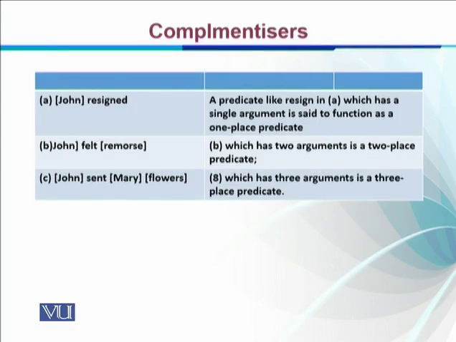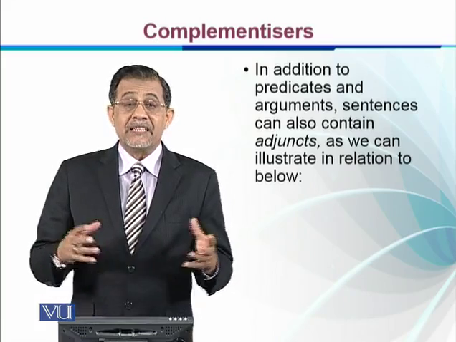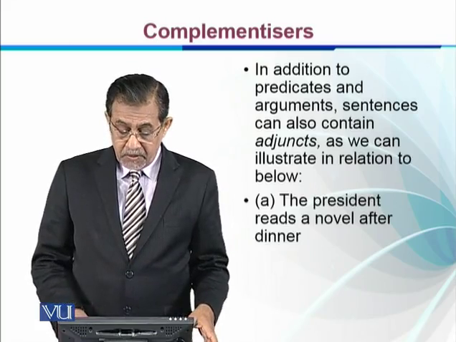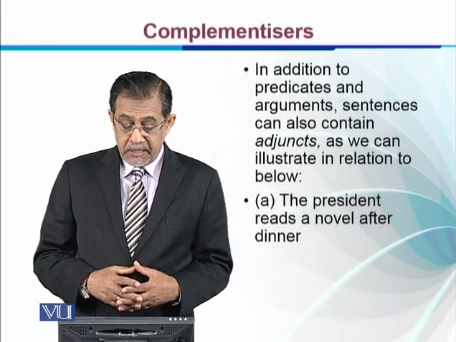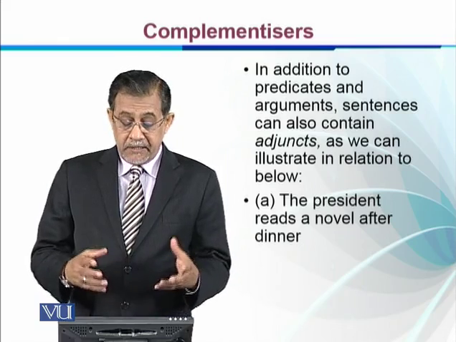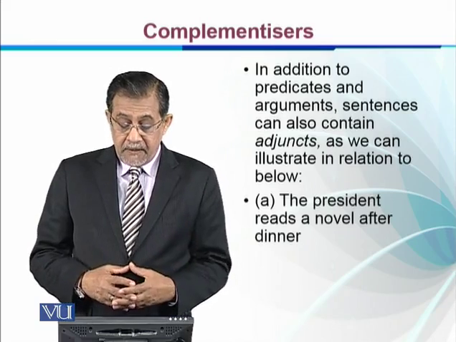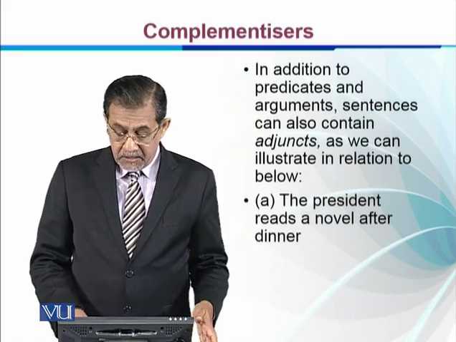In addition to predicates and arguments, sentences can also contain adjuncts, as we can illustrate below. The president reads a novel after dinner. If you look at this, the predicate is reads and the arguments are president and novel, but we have something more, after dinner.